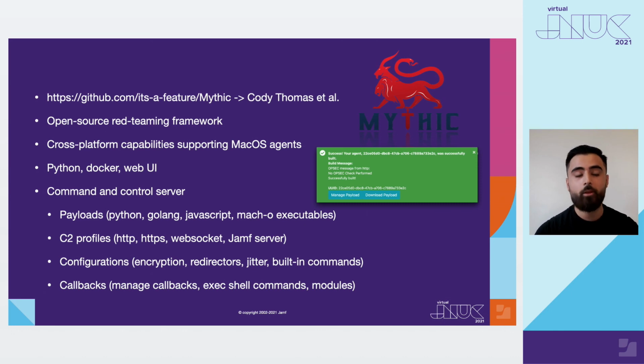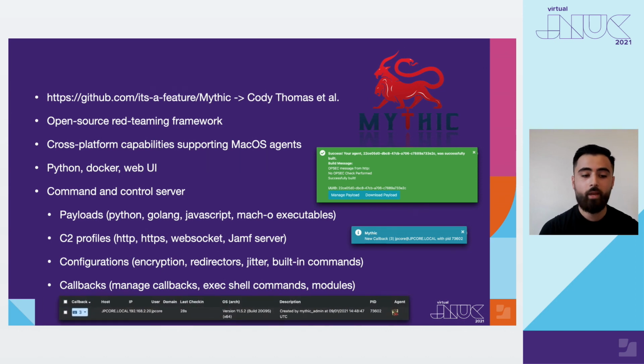You can get the payload onto your victim however you choose to do so. And once your victim actually runs the payload, you get a new callback within the Mythic UI. You can manage these callbacks along with various other information, such as the IP, last check-in, execute shell commands, and various other modules.